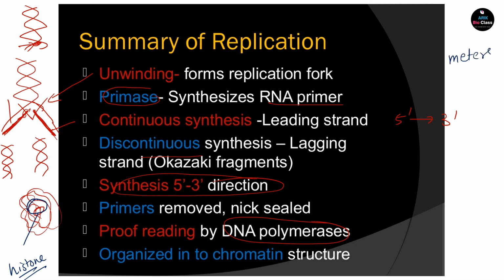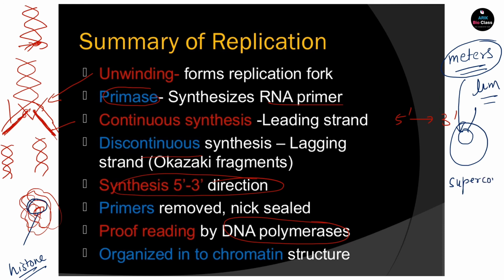DNA's length is in meters, and your cell, and that too your nucleus, is in the range of certain micrometers. So have you ever imagined how such a long DNA gets accommodated in such a small cell, a small nucleus? Because it is a supercoiled structure.